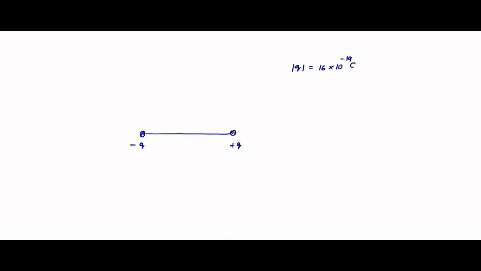The separation distance 2a is equal to 3.9 into 10 to the power minus 12 meters.